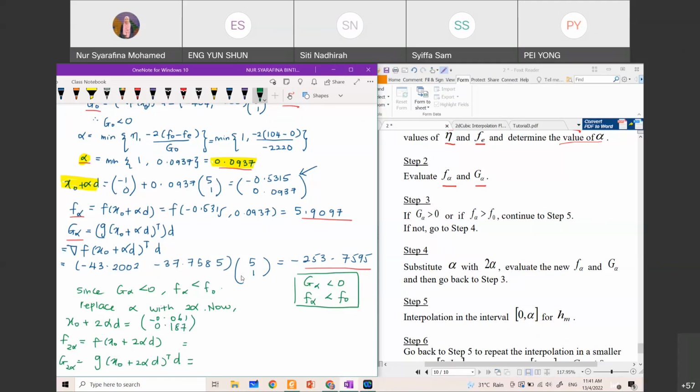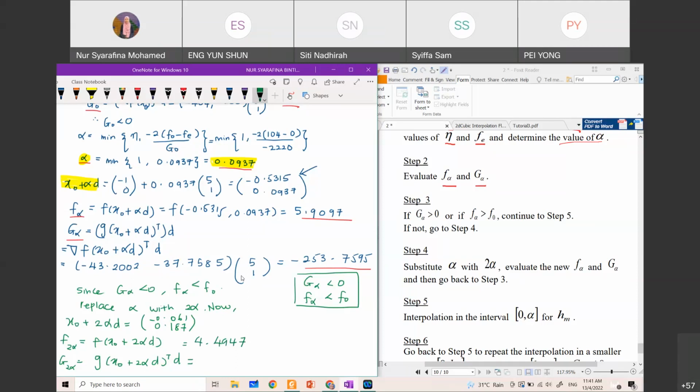Now just substitute into your f here to find f of 2 alpha. You will get 4.4947.